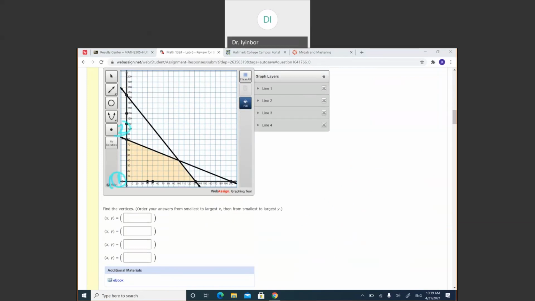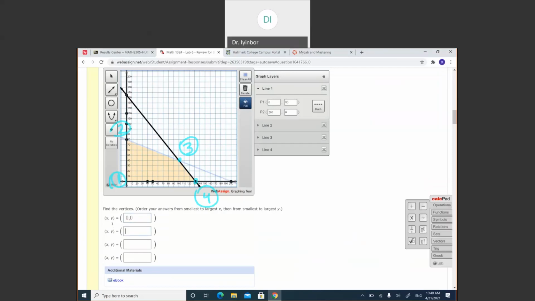Then this is your third point, and you have to find this. This is the last point, the fourth point. There are 4 points. So obviously the first one is 0, 0. It's easy, right? Then the second one we can get from the first line: 80, 0. 80, 0 is the second one.